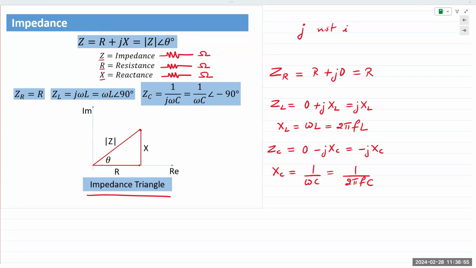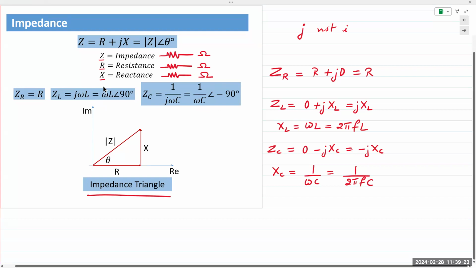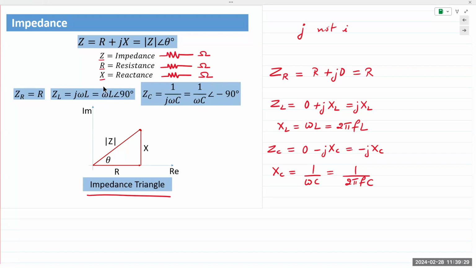There is a reason it is minus. So those are rectangular coordinates. If you translate into polar coordinates, it becomes omega L with an angle of plus 90. And for a capacitor, it's angle minus 90. And I'll explain why that is. But any questions before I get to that explanation? Again, these are all just equations. You can have them on your equation sheet, but you should know how to use them and apply them.